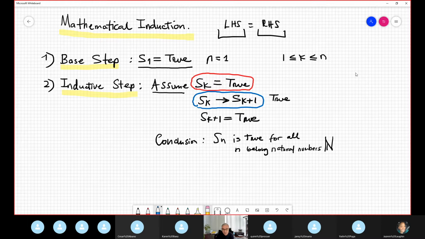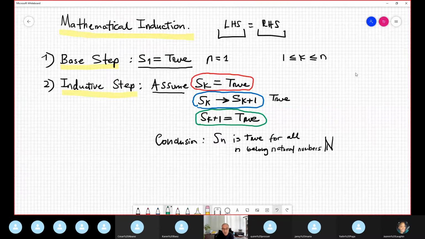It's true. See, both conditions, the red one and the blue one, are true, you can conclude the next one is also true, and this situation continues forever for k plus 2, plus 3, and to infinity.